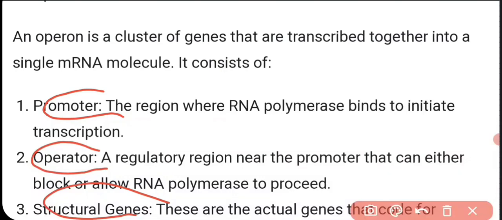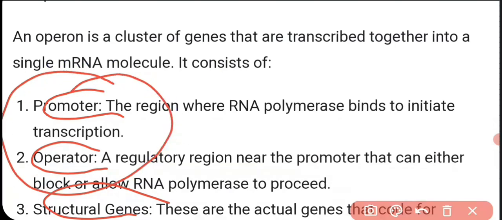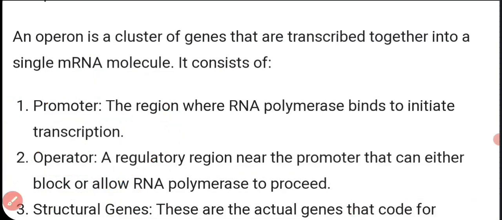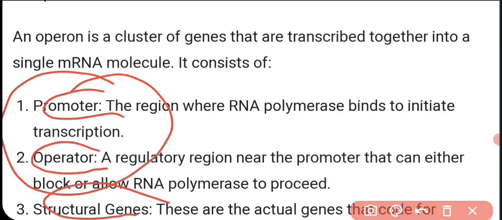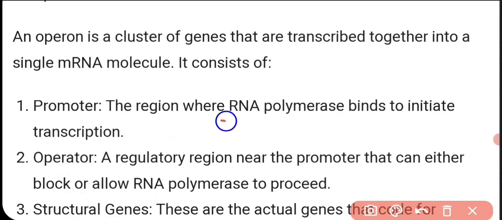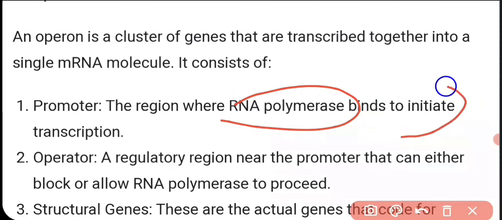The structural genes may be 1, 2, 3, but the main control portions are present in the promoter and in the operator. In the promoter region, RNA polymerase binds to initiate transcription. It initiates transcription, meaning mRNA will be generated.